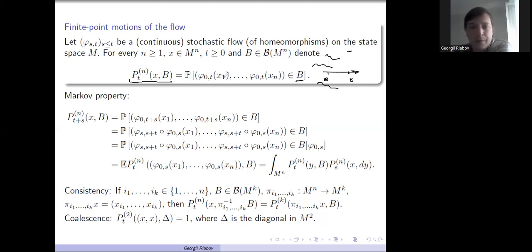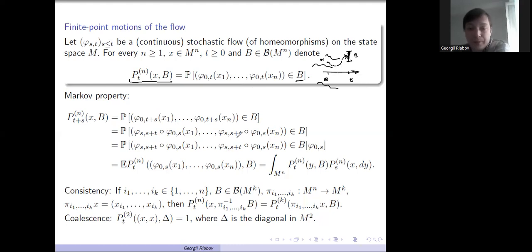So the probability P_1 means that at time t we fix some set B, fix some point x, and look at the probability that under the action of the flow, the point x will arrive at the set B. It turns out that the functions P_n(t, x, B) are transition functions of Markov processes.